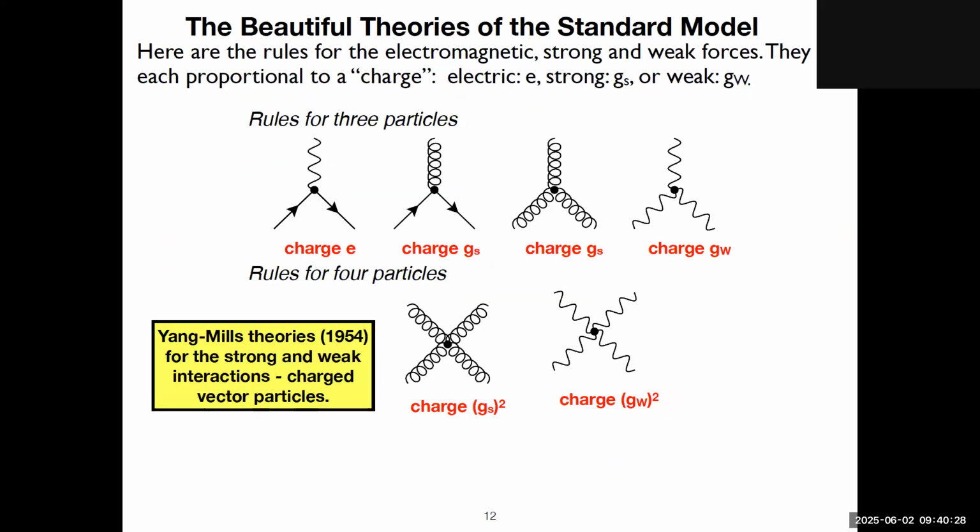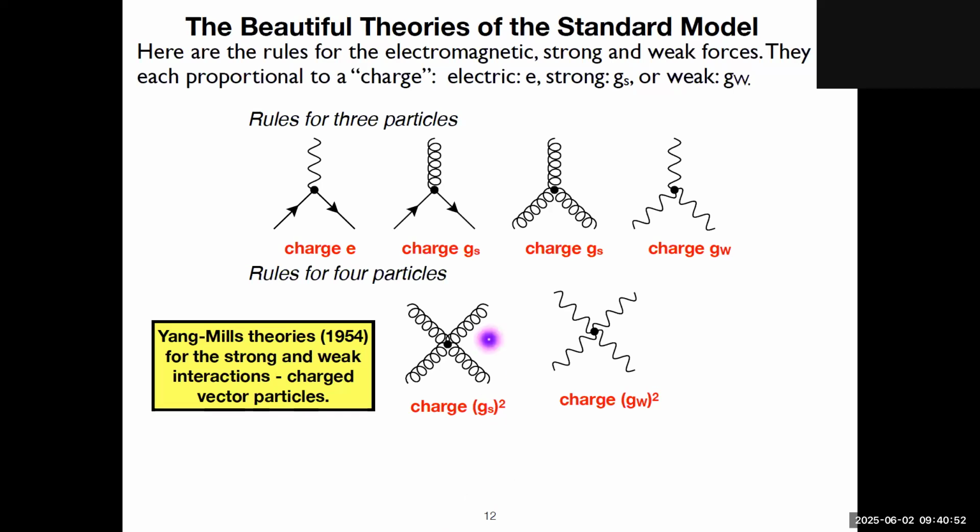Oops, okay. So these are the beautiful theories of the Standard Model, and they are just this series of rules for how to change the list, or to put it in technical language, the interaction Hamiltonian, or Lagrangian for the purposes here. We won't worry about those fine points.